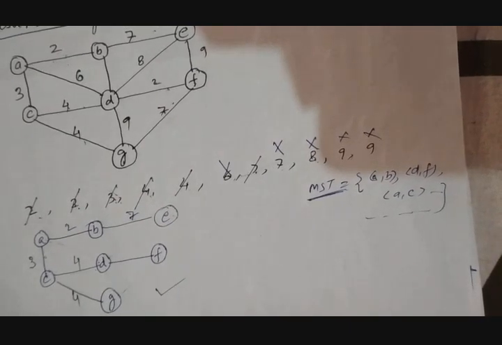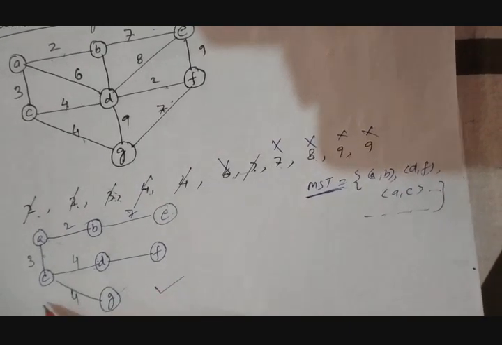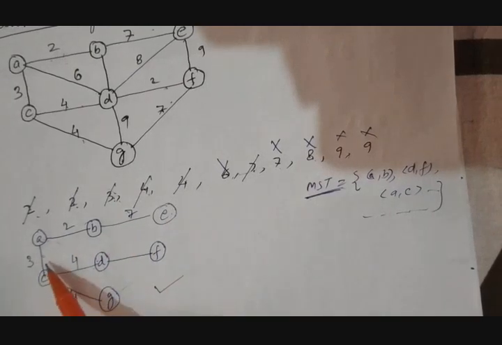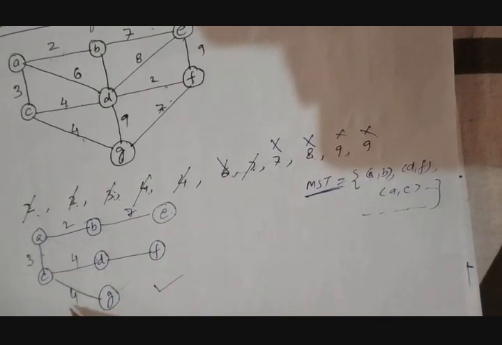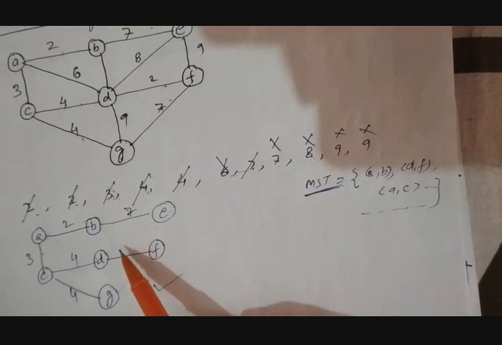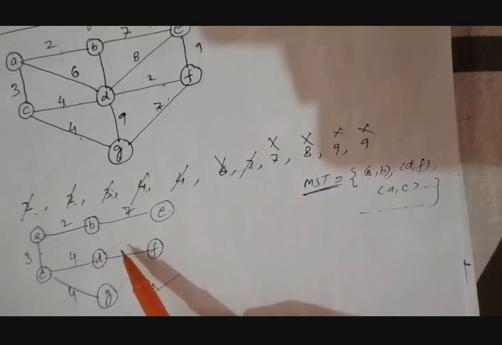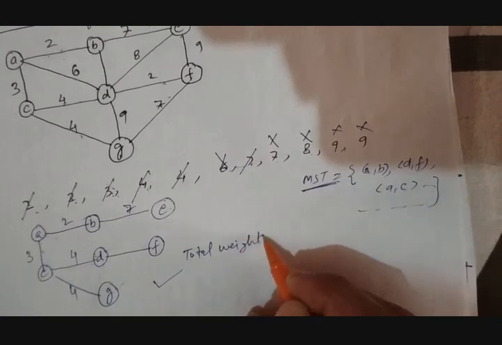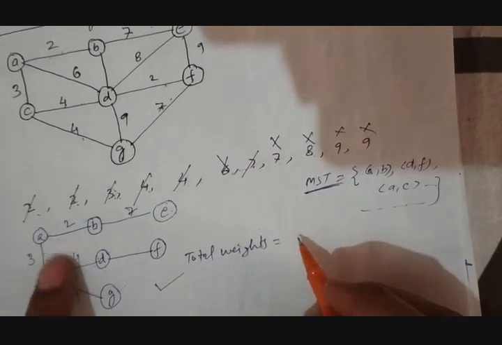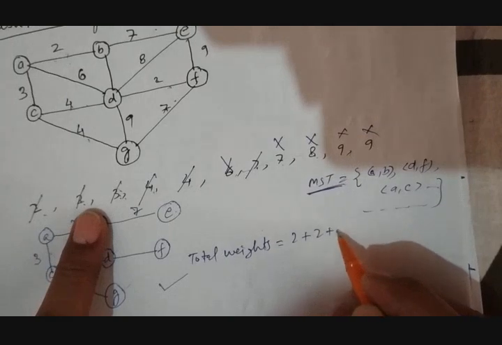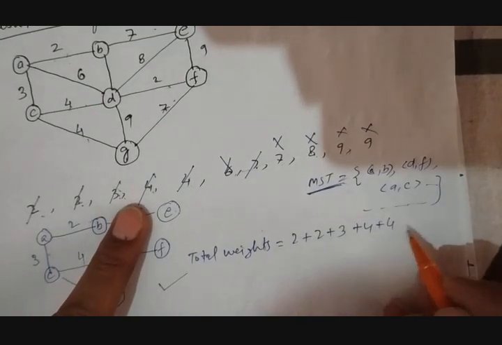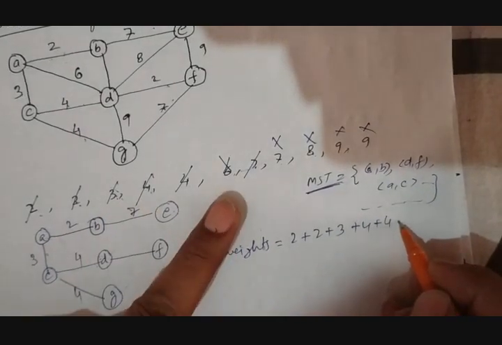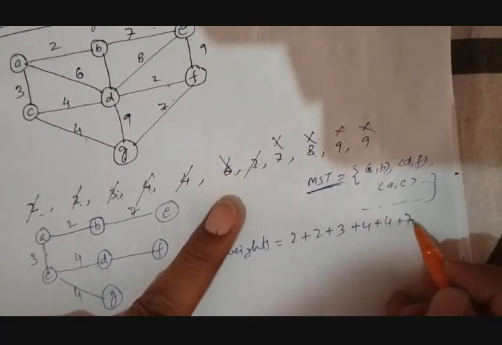Now just see, all the nodes are covered over here. The condition is that all nodes should be covered and the total weight of the edges should be minimum. Just see here, what total weight is coming in the case of Kruskal's algorithm. First is 2, then 2, then 3, then 4, then 4, then 6 is not considered, then 7 and so on.